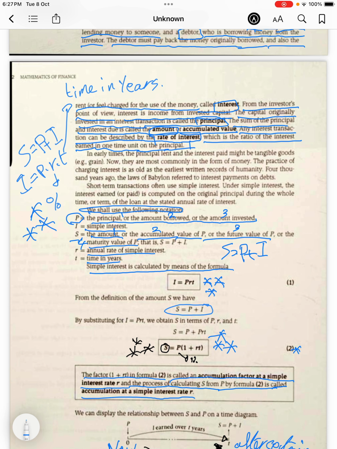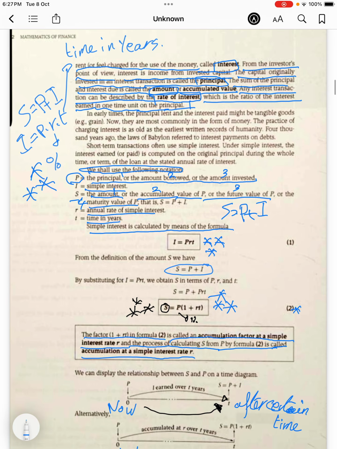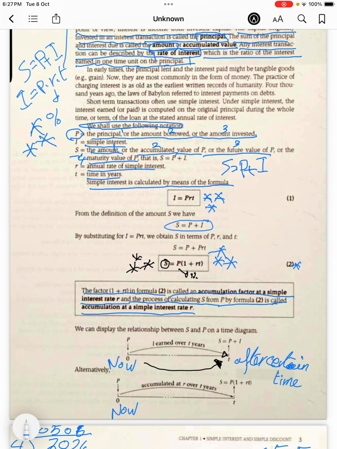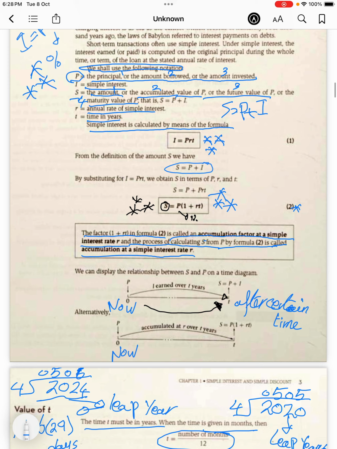Then S equals P, open bracket, 1 plus RT. The factor 1 plus RT in formula 2 is called the accumulation factor at a simple interest rate R. The process of calculating S from P by formula 2 is called accumulation at a simple interest rate R.